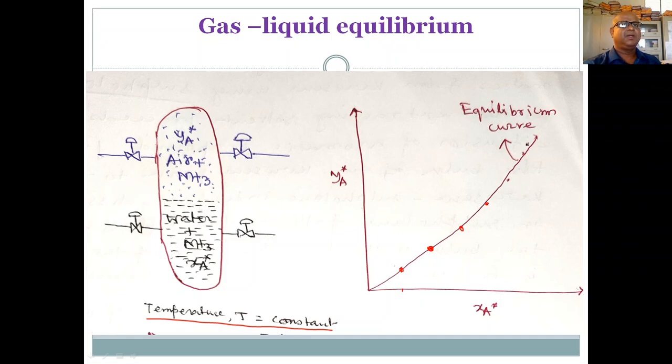And at the interface, it is in equilibrium. If you change whatever yi, the corresponding xi will change automatically very fast, because there is no resistance. You know this: if there is no resistance, there is no driving force.